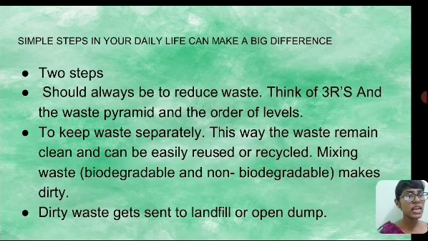Think of those 3 R's which you studied in the previous slide, and according to the waste pyramid, we need to follow. Keep waste separately, this way the waste remains clean and can be easily reused or recycled. Instead of mixing the waste, we can separate it as biodegradable and non-biodegradable waste. Dirty waste gets sent to landfills or open dumps.